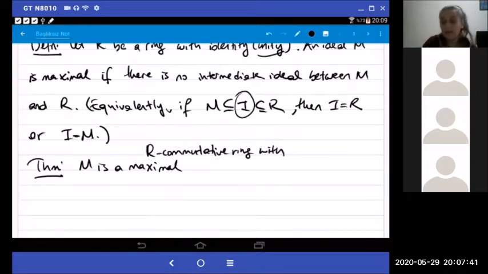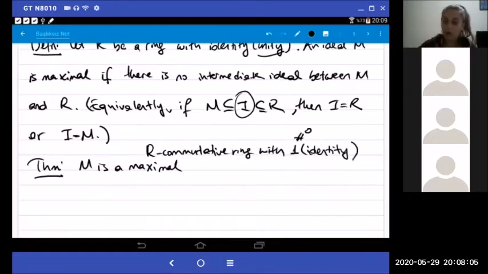It is not necessary for the definition of a maximal ideal that R be a commutative ring with 1, but for this theorem we need a commutative ring with 1. 1 means, again, the multiplicative identity, and this is different from 0, the additive identity of the ring.